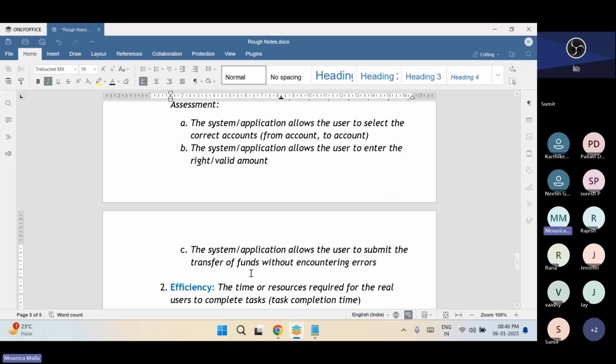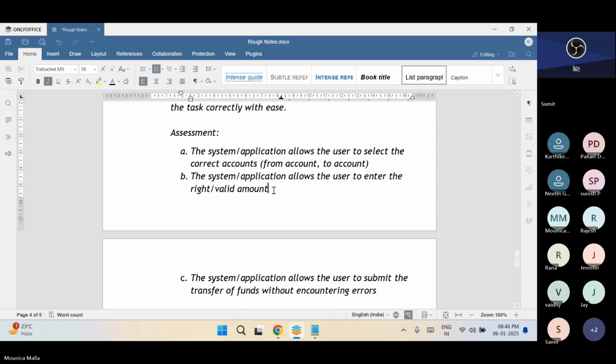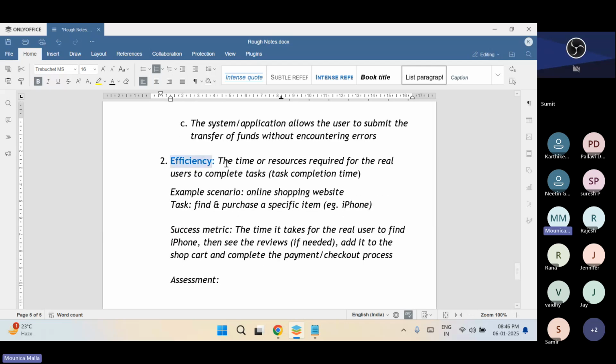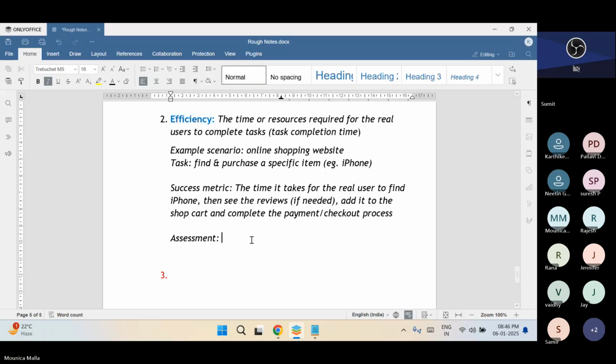You can listen, or see my previous assessments for clues, and we are talking about efficiency. Efficiency is the time required for the real users to complete a task. So how do we do the assessment? Anyone?